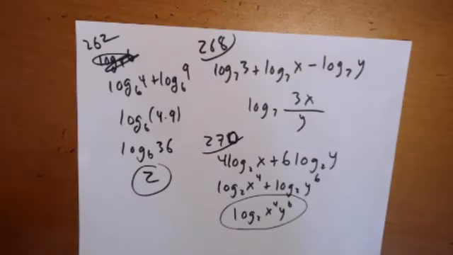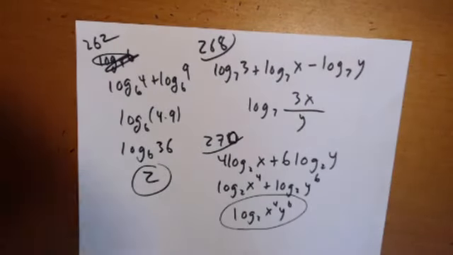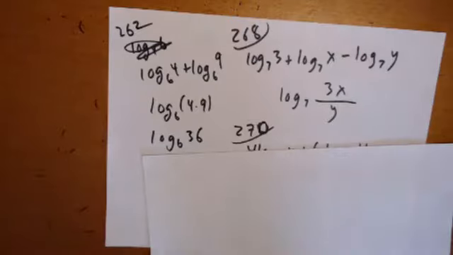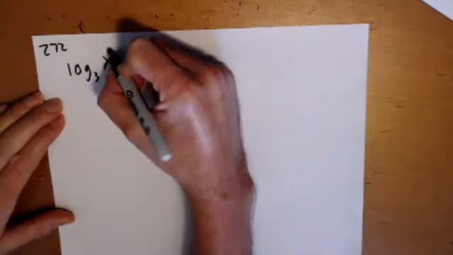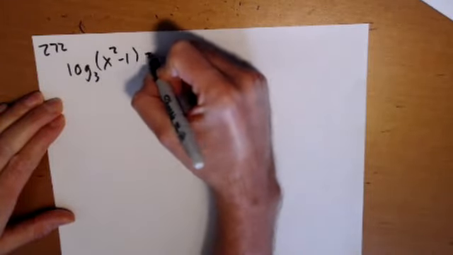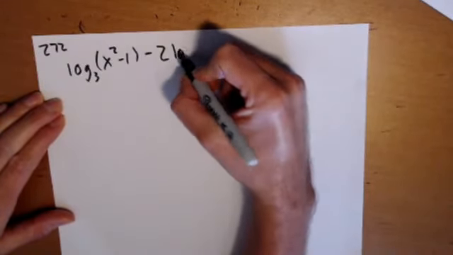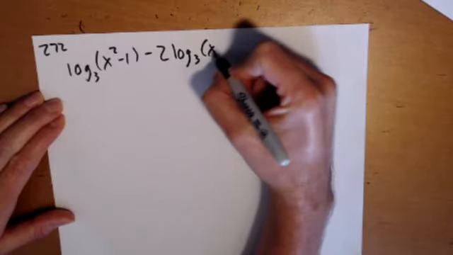Okay, let's try 272. Log base 3 of x squared minus 1 minus 2 log base 3, x minus 1.